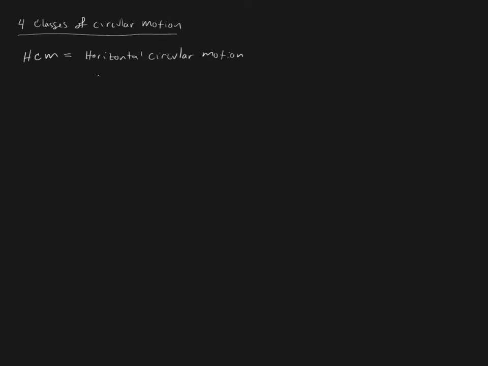Now, horizontal circular motion is usually going to be a uniform speed, but the actual defining characteristic is that the object is moving in a horizontal plane. That is, it's moving in a plane which is parallel to the ground, so on a tabletop, for example.